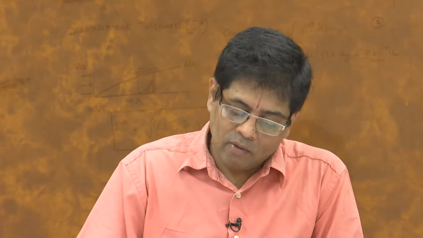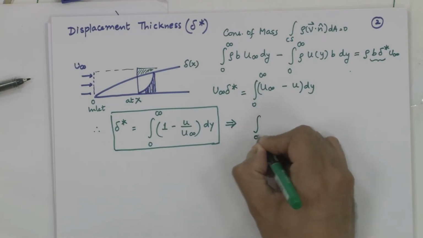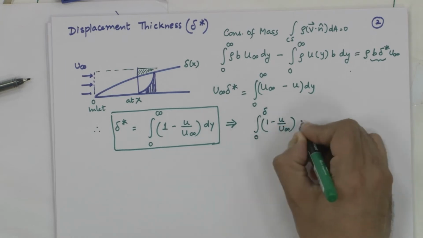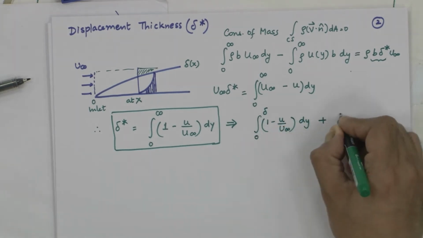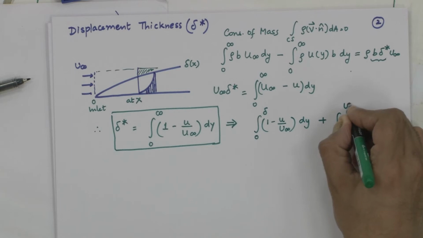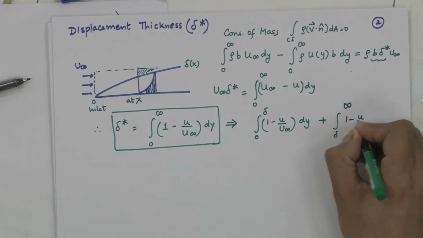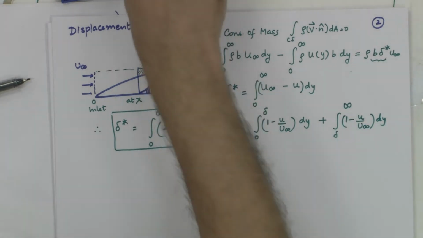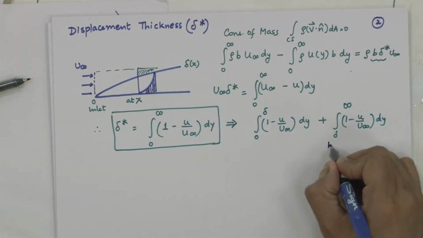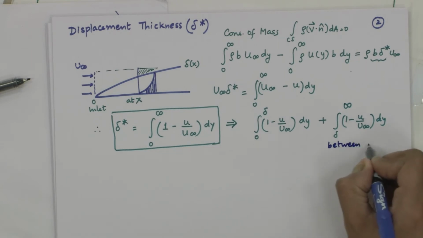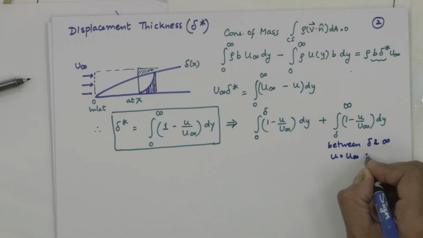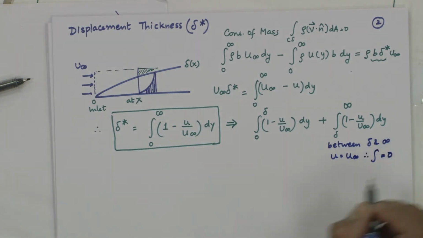Well, life is very simple, because of the definition of the boundary layer, this integral can be split from 0 to delta, which is a function of x, plus delta to infinity, correct. Now, between delta and infinity, u is equal to u infinity, therefore, the integral is equal to 0.